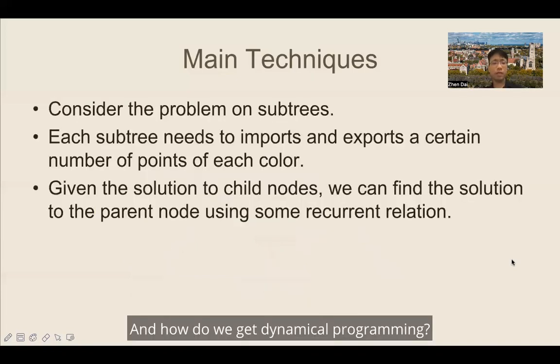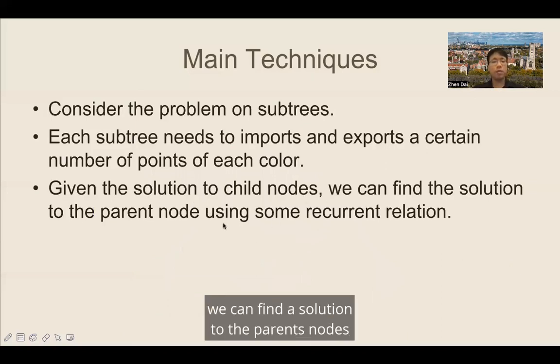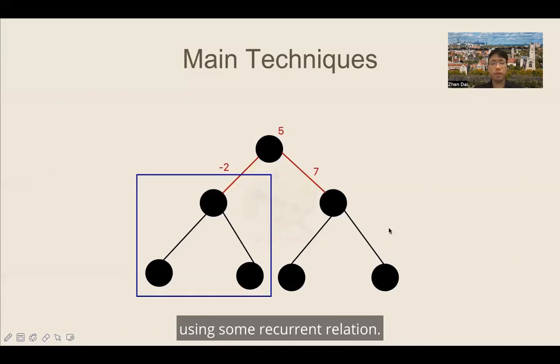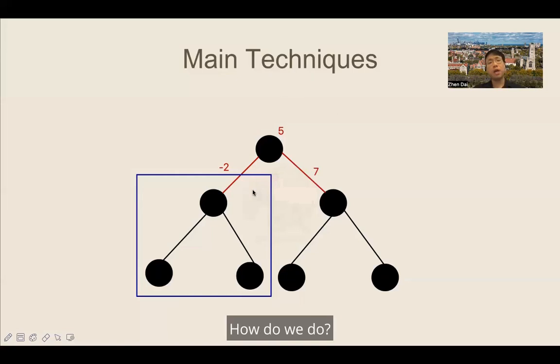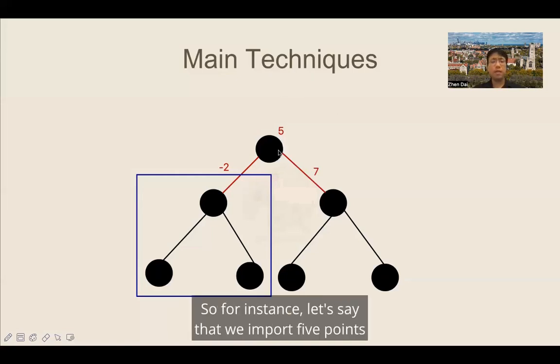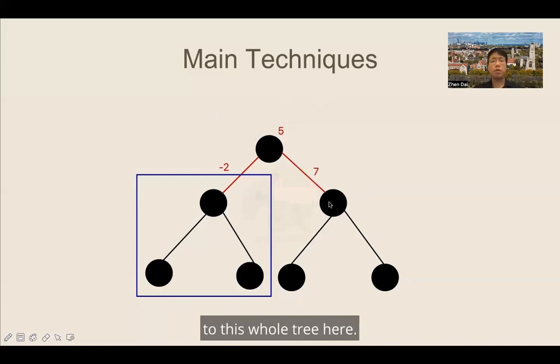And how do we do the dynamic programming? Given the solutions to the child nodes, we can find a solution to the parent node using a recurrence relation. Let's assume that the subproblems on the left subtree and the right subtree are both solved, and now we want to solve the problem on the whole tree. For instance, let's say that we import 5 points to this whole tree.